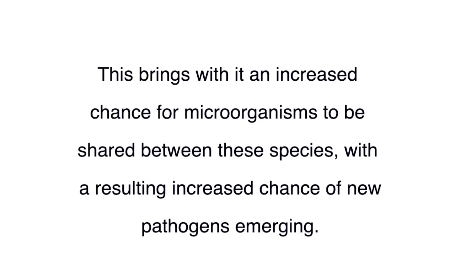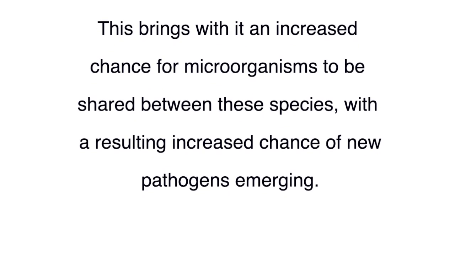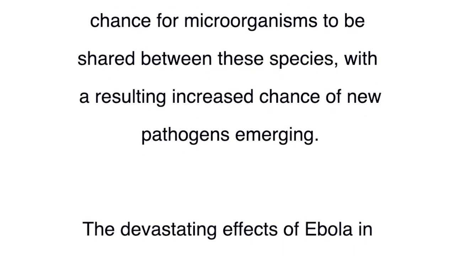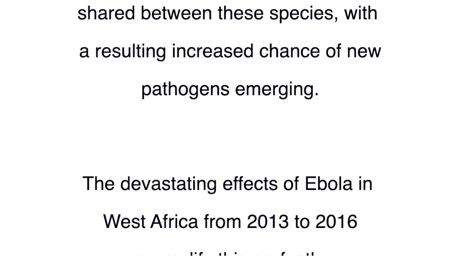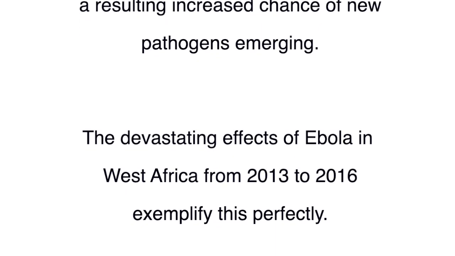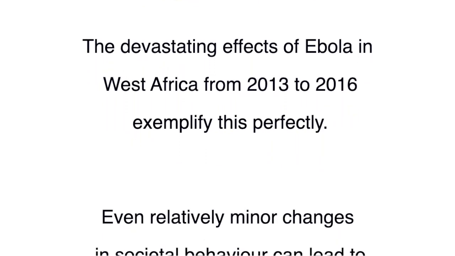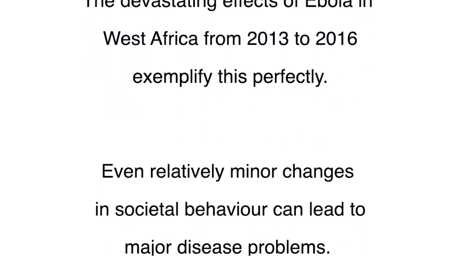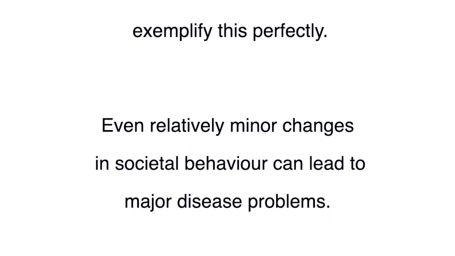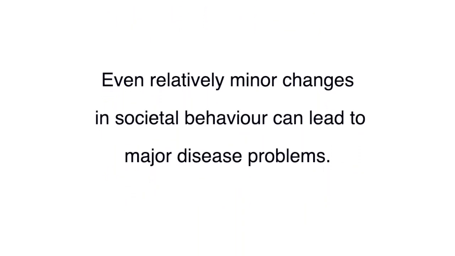This brings with it an increased chance for microorganisms to be shared between these species, with a resulting increased chance of new pathogens emerging. The devastating effects of Ebola in West Africa from 2013 to 2016 exemplify this perfectly.